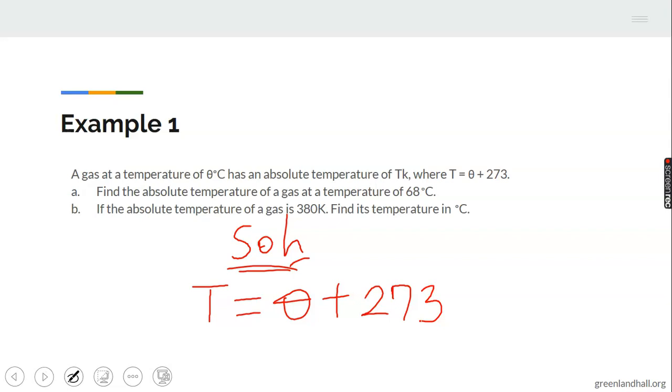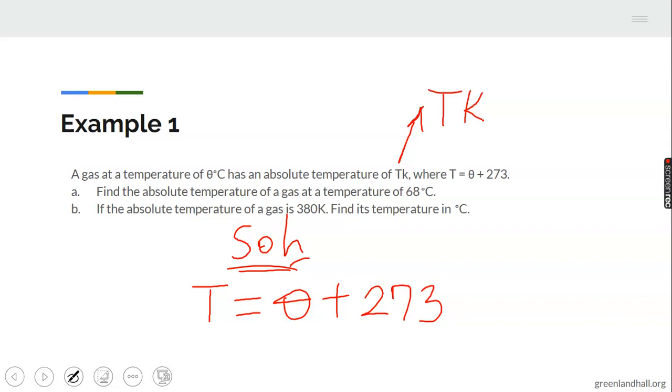The question says we are to find the absolute temperature of a gas at a temperature of 68 degrees Celsius. What's the meaning of that? A gas at a temperature of theta degrees Celsius has an absolute temperature of Tk. What is the meaning of Tk? That is temperature in Kelvin.